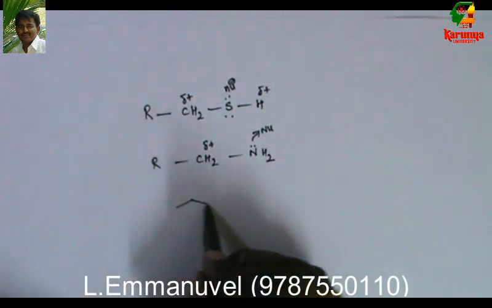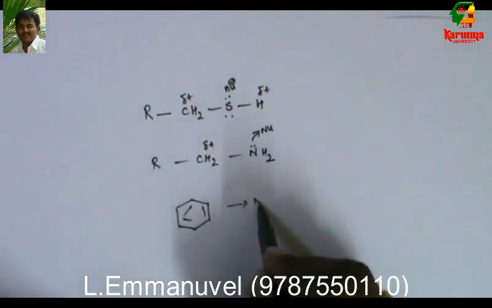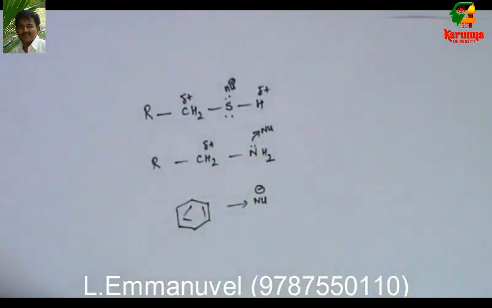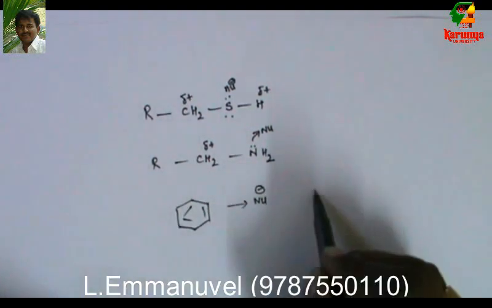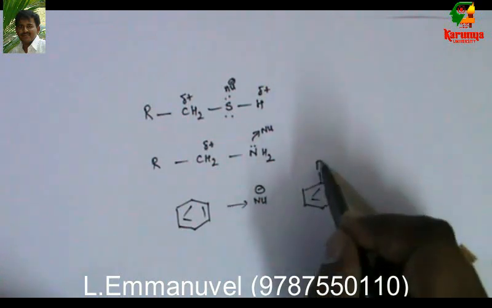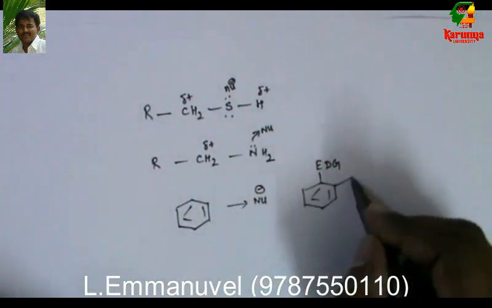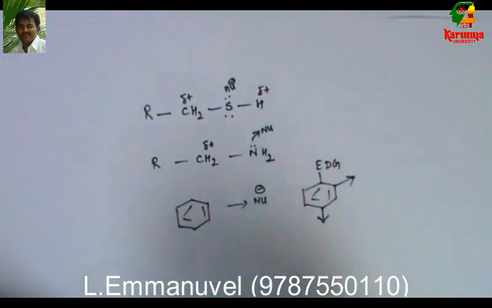Let's go to the aromatic system. As such, this is a nucleophile because there is a double bond. When I add an electron donating group to this, then these two positions become nucleophilic.